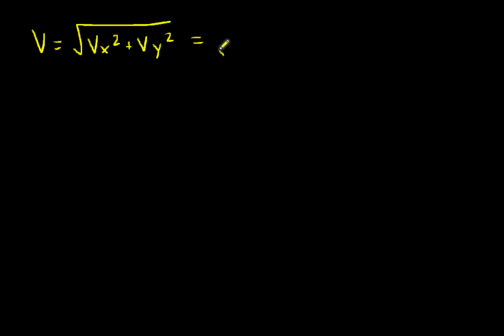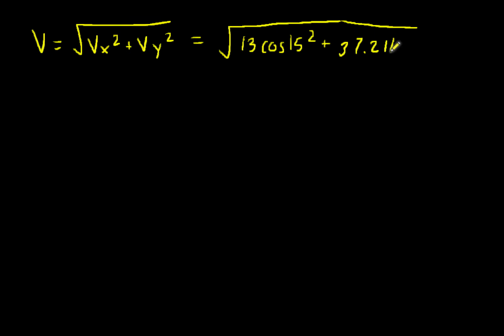The square root of Vx squared plus Vy squared is the square root of 13 cos 15 squared plus 37.211837 squared, which is 39 meters per second.